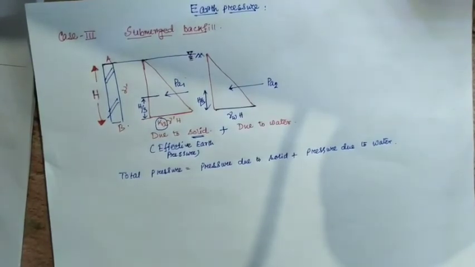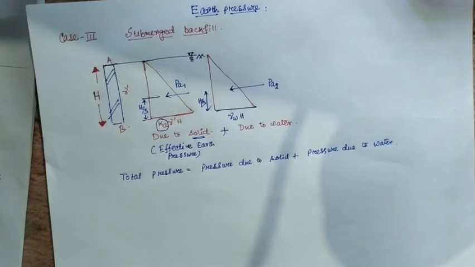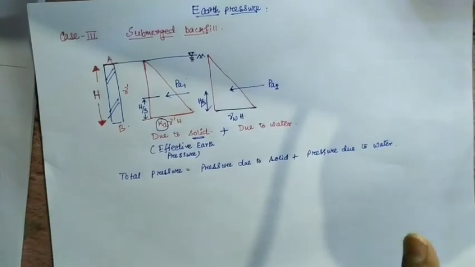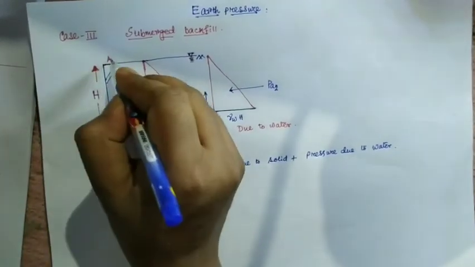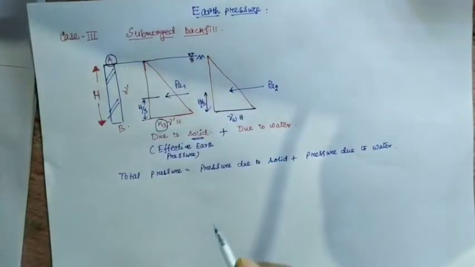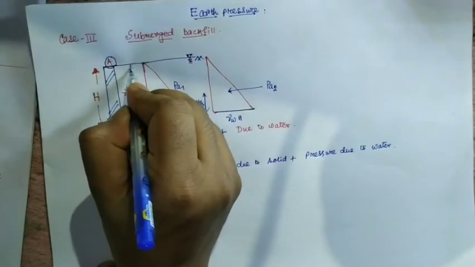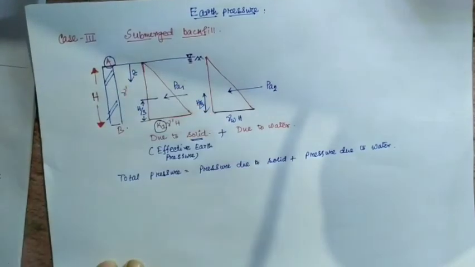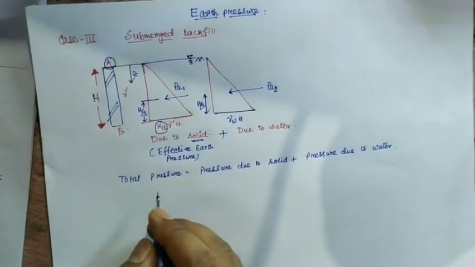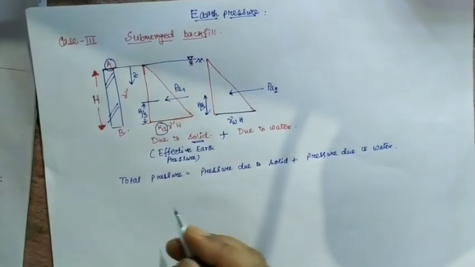So suppose at a point, that means top, I am taking a general depth z. So now what will be the active earth pressure?